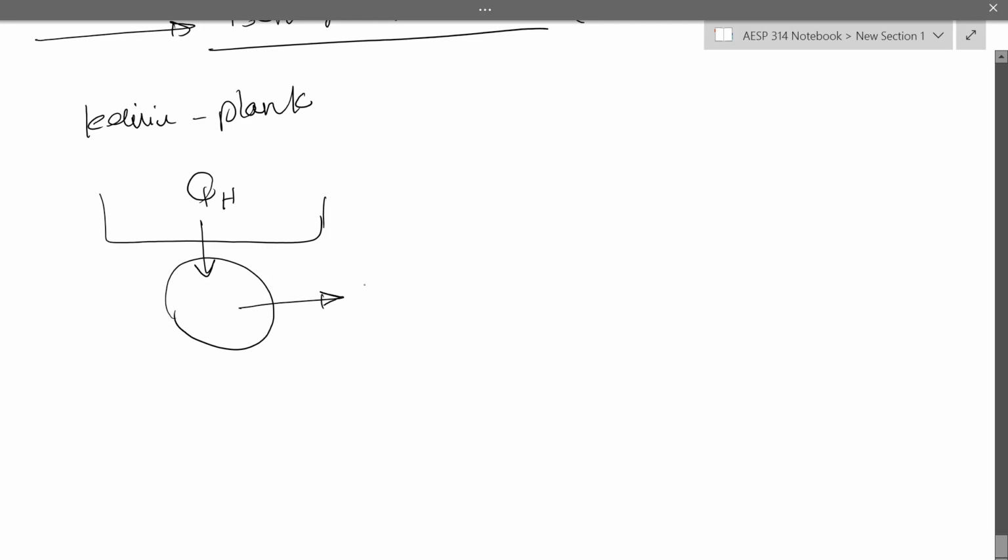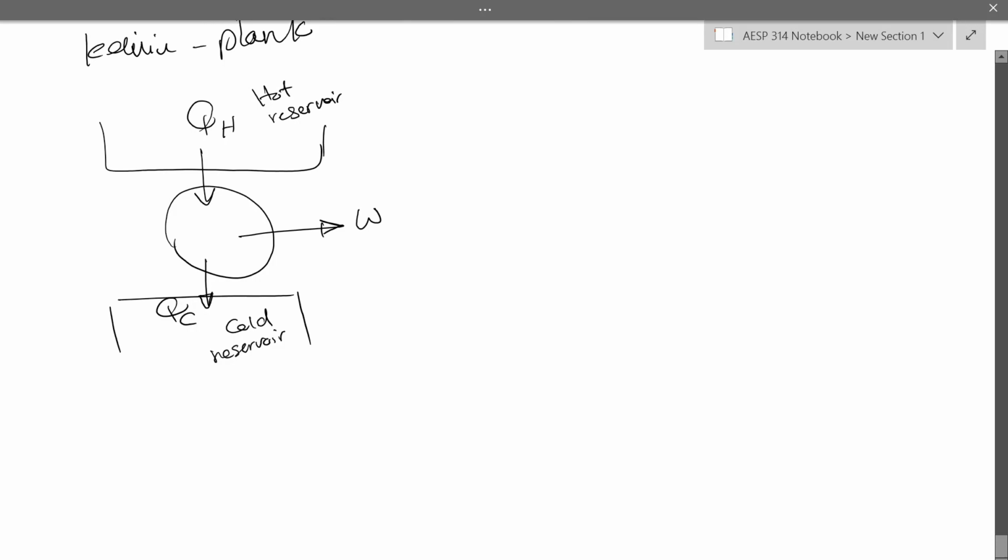The system is working on the surrounding, and the rest of the heat goes to a cold reservoir. Hot reservoir. Cold reservoir.